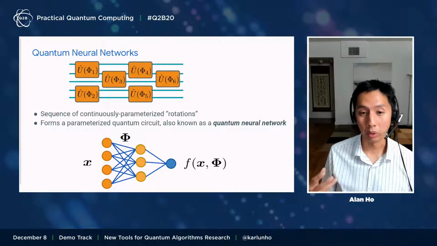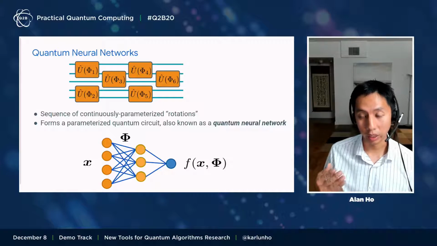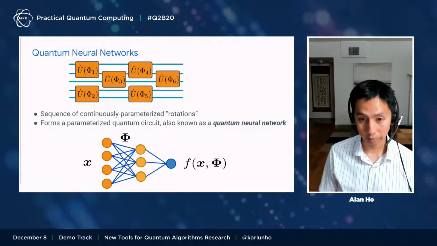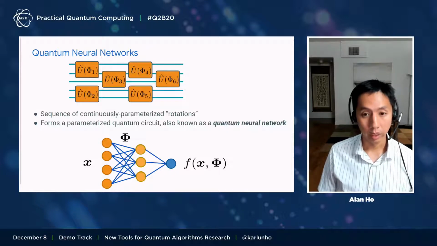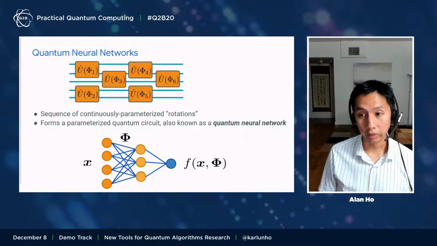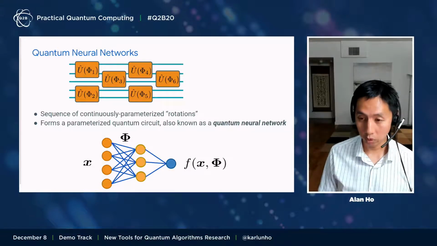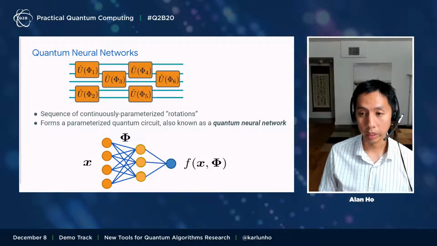So in some sense, the parameters or the rotations are very analogous to the weights between each layer of neurons being executed. This was discovered by Hartmut Neven and Edward Farhi from our group several years ago, and we ran with that and created a framework.